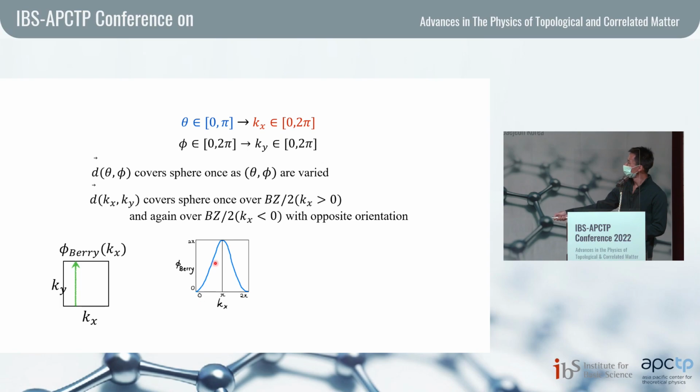If you plot it, you see that in half the Brillouin zone, as in kx going from 0 to pi, the Berry phase advances by 2 pi, and then in the subsequent half, the Berry phase returns to its original value.